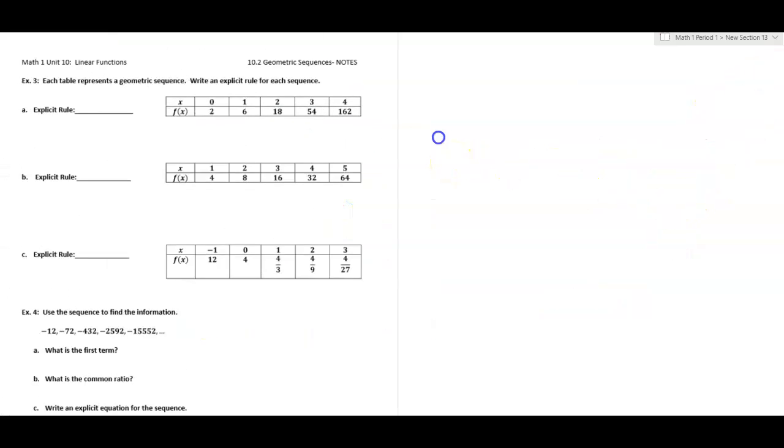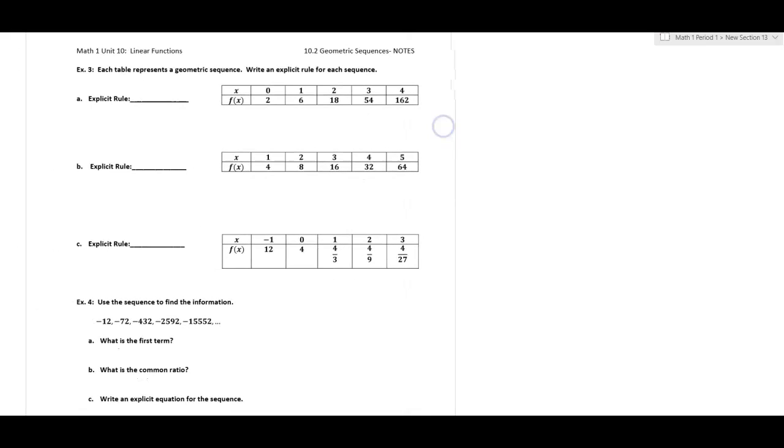So, if you are given the 0 term, that's the easiest one to use. So, if I look here, what is my common ratio here? My common ratio is 3.